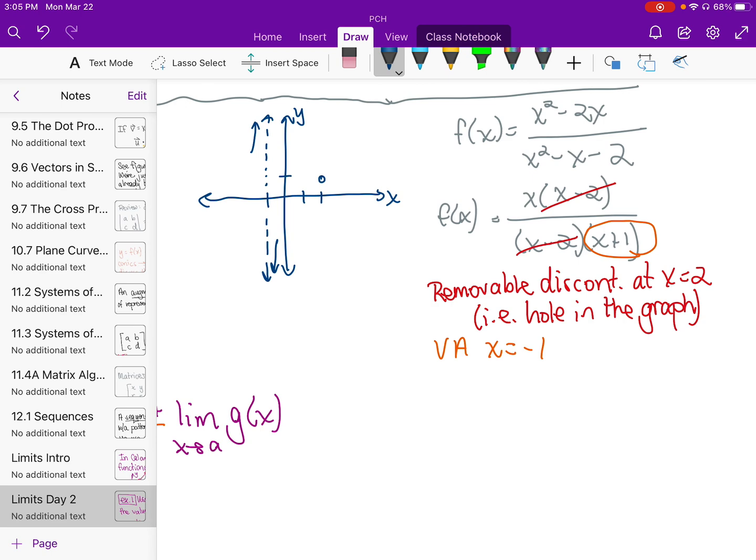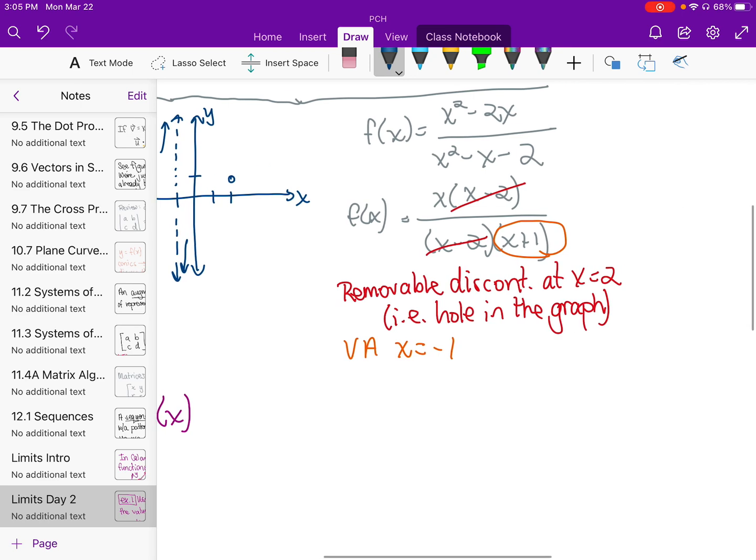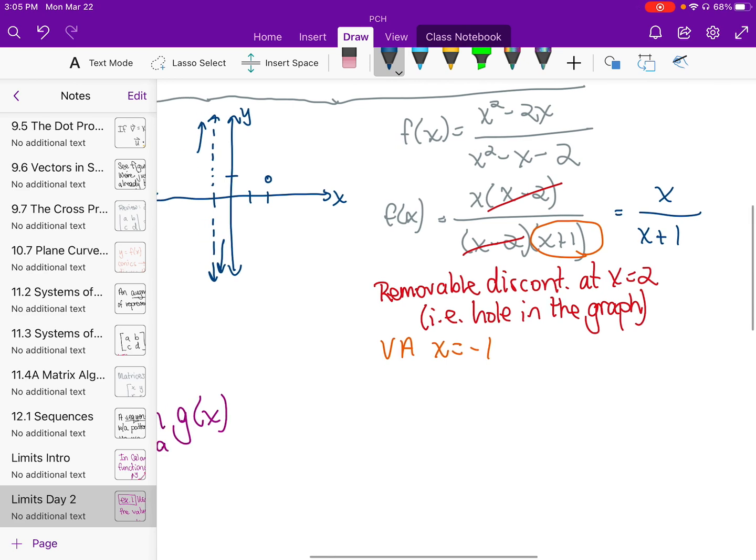This is another video that I had to redo, and I have some of the work over here that I already had. So remember that there's a removable discontinuity when we're able to cancel out the factor like I have right here. That shows up as a hole in the graph. And then there's a vertical asymptote at x equals -1. Oh no, I can't split those up. I thought it was going to be easy.